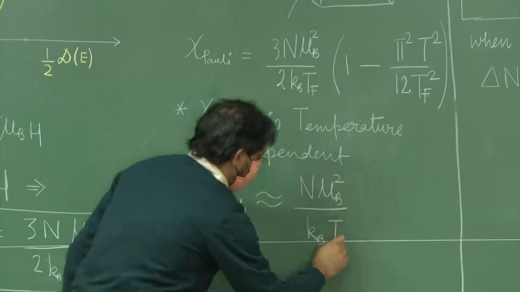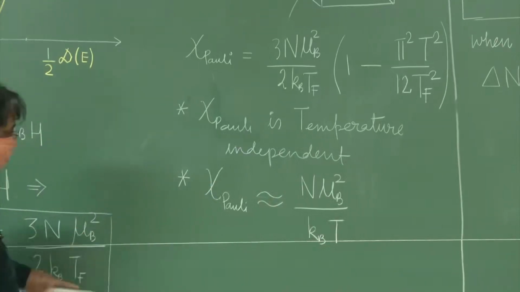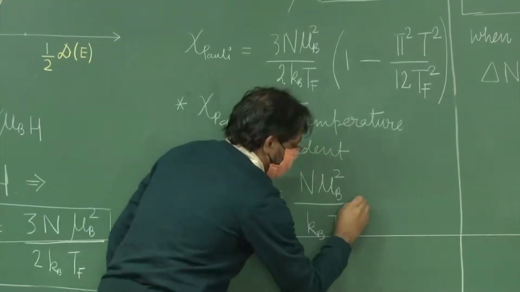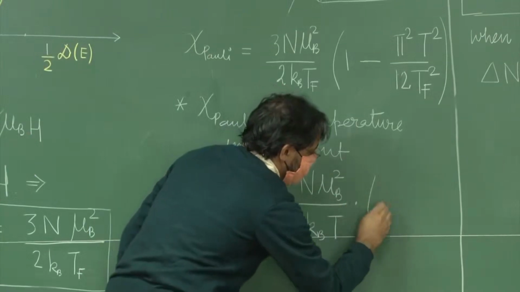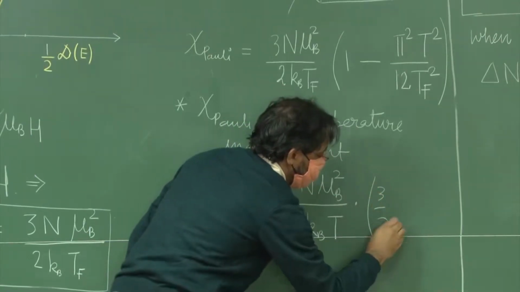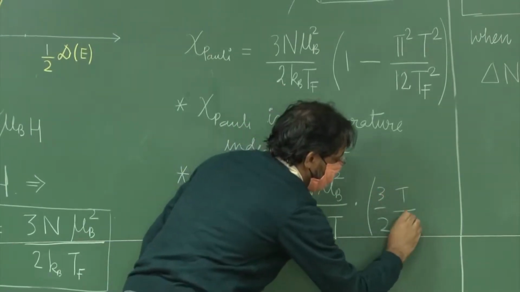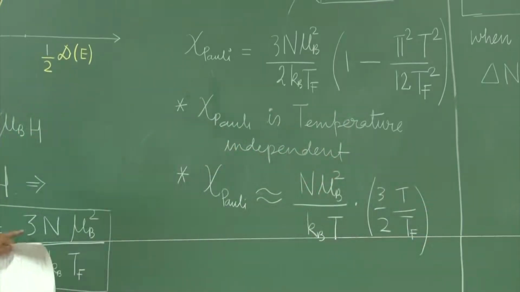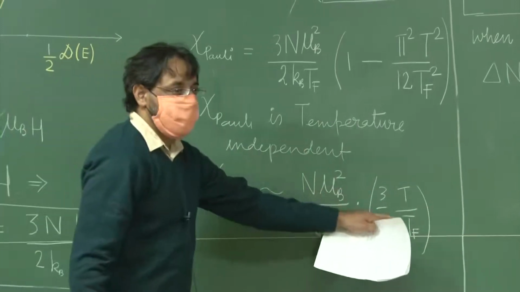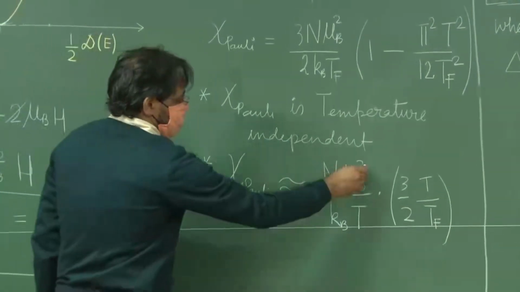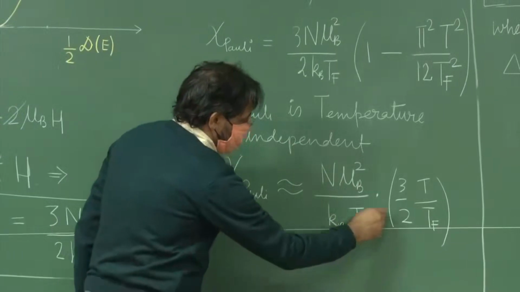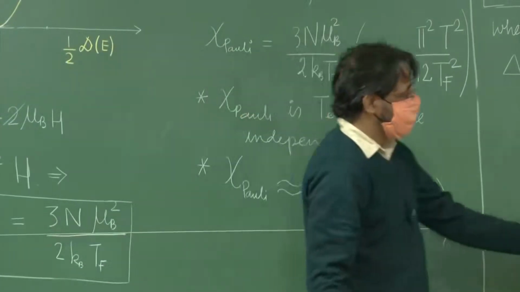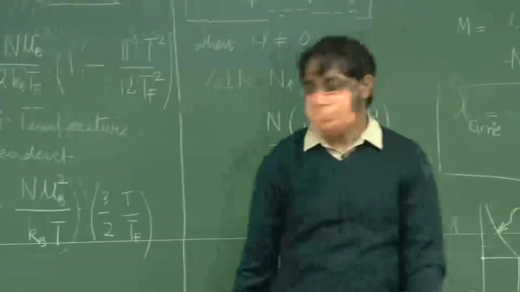I'm multiplying and dividing by T over here. Then you will get, along with this, 3 by 2 T over T_F. Is this clear? 3 by 2 is put here in the bracket. Now what is this? Chi Curie.